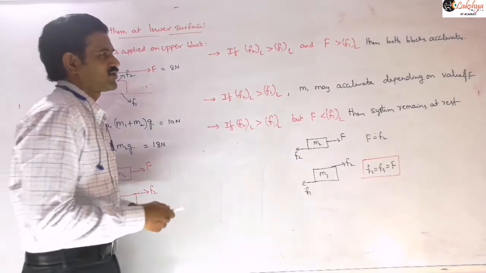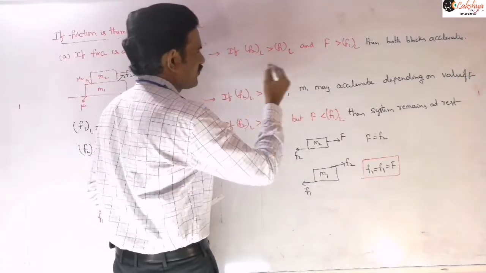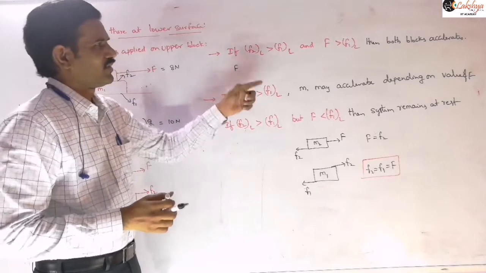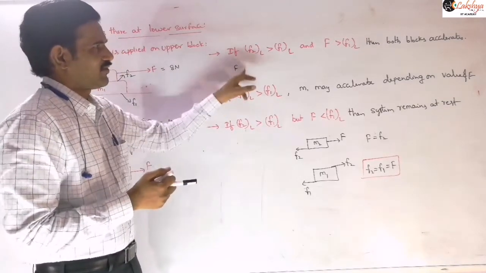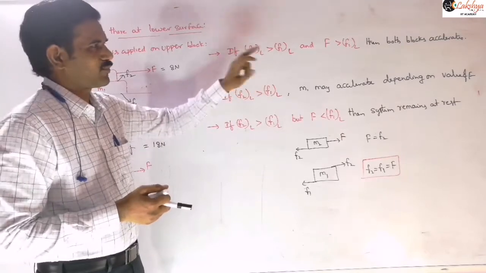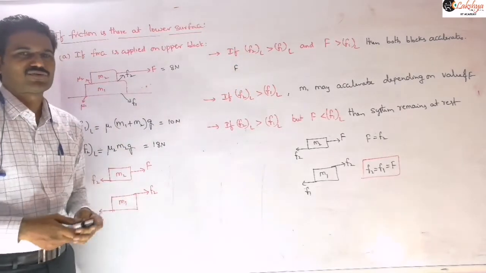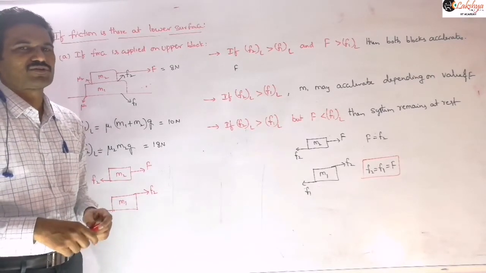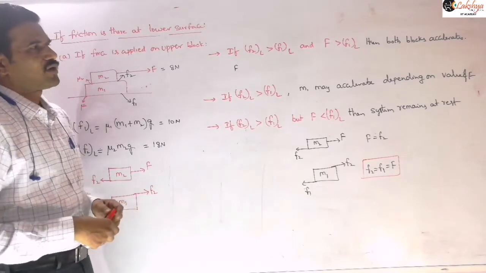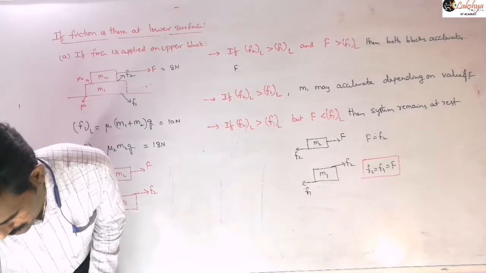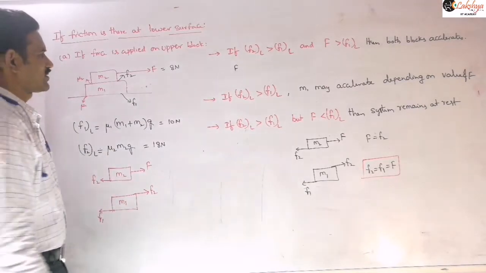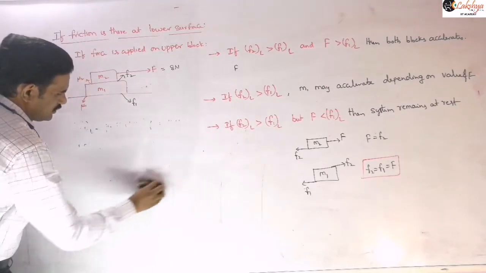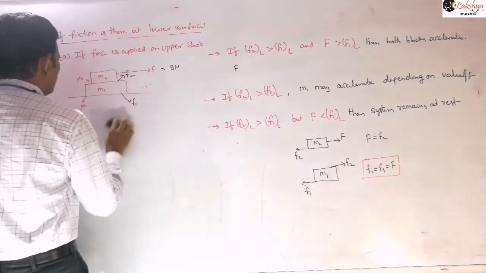So you may mention that depending on the applied force, capital F, both the blocks may move with common acceleration, or they may move with different accelerations. Right? So those are the possibilities in this case here.